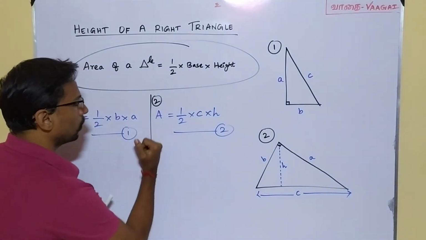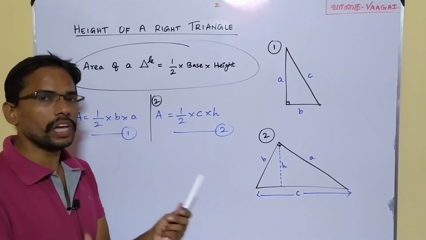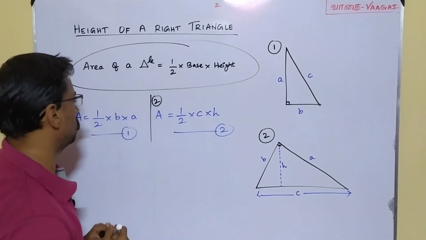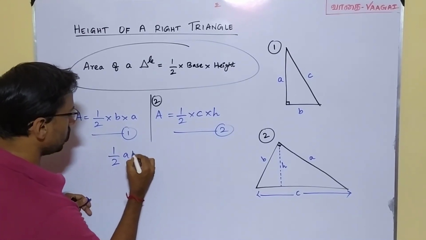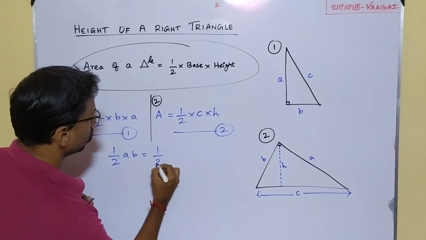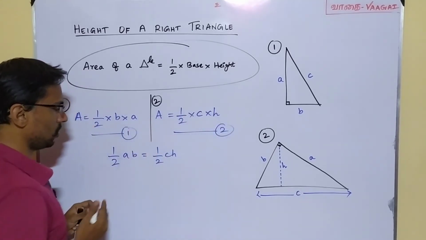Because both of them are expressions of area only, we can surely equate both these expressions. Once I do that, I will get half into AB is equal to half into CH. I am just taking the right hand side part of both these equations.